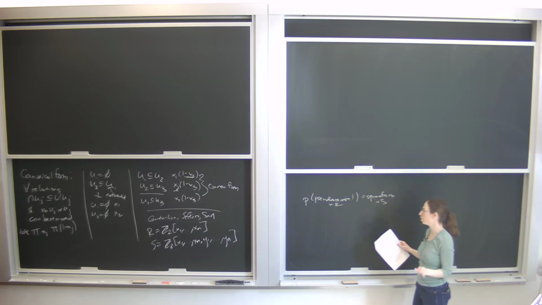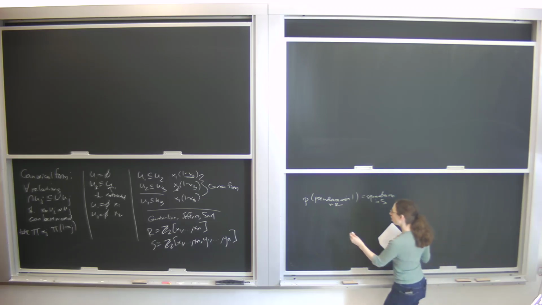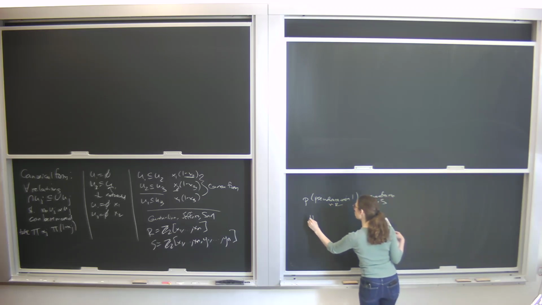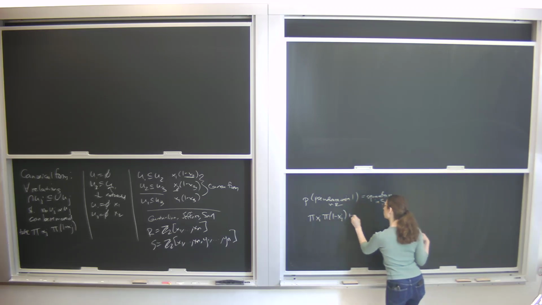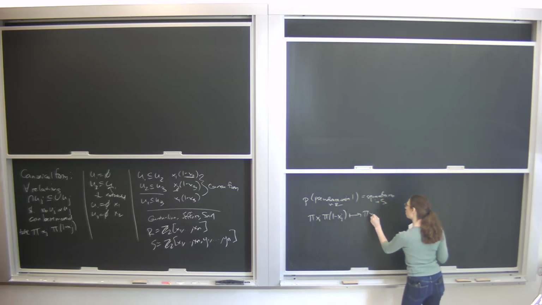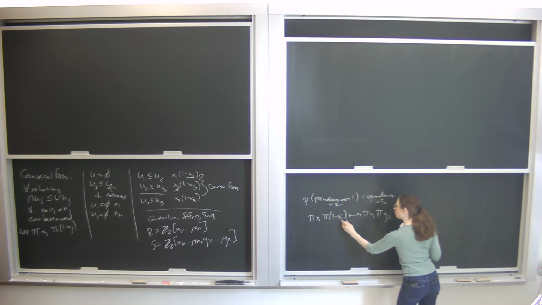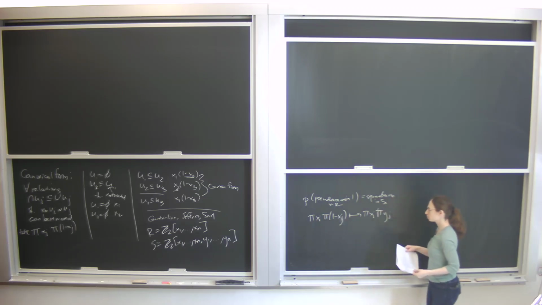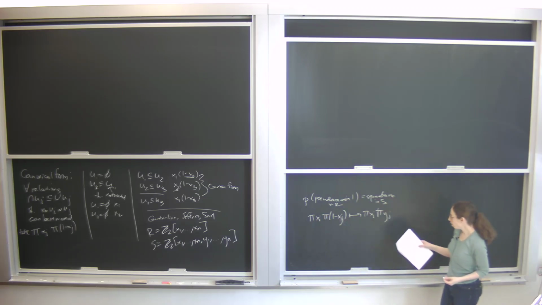It's just a map that takes pseudomonomials to square-free monomials. So what it does is if we have some product of xi's and 1 minus xj's, it gets sent to the product of the xi's and the product of the yj's. And this map is fairly terrible.